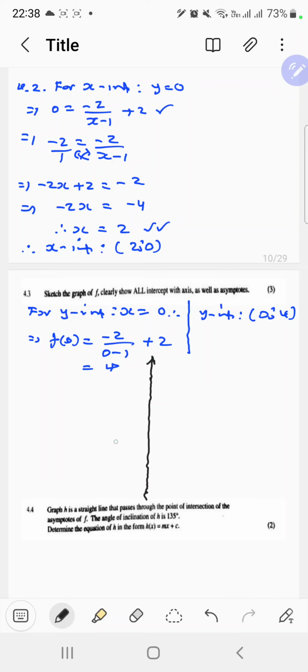Okay, so now we're going to handle it like so. Okay, so let's first draw our asymptotes, because I think if we don't sort them out, it will lead to this graph sorting us out, and we don't like that.